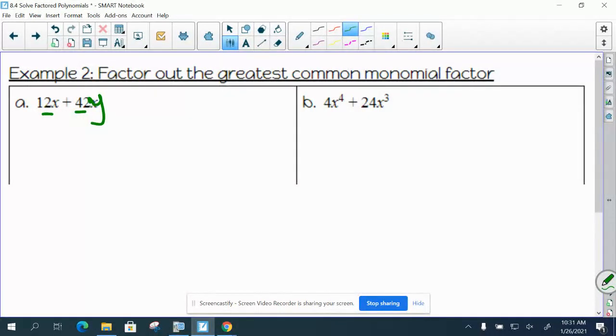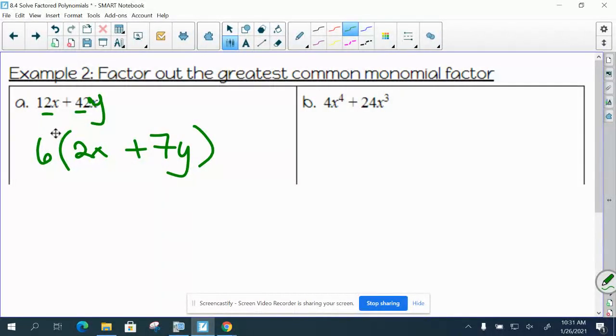And the answer would be 6, because we did a question like that above. Well, similar, I guess. So you would write 6, and then in parentheses, you would write what's left. So think about dividing 12 and 42 by 6. You are left with 2x, and then over here, you're left with 7y.